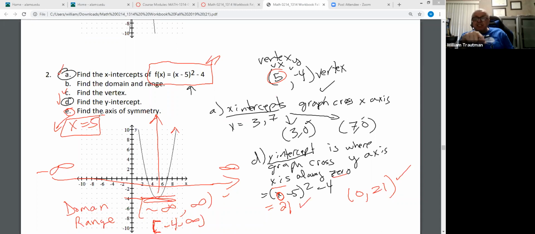But the axis of symmetry is a vertical line. All vertical lines start with x equals. So the answer for the axis of symmetry is x equals 5. You see it's going right through 5. The center of this parabola goes right through 5. X equals 5. And that's problem 2.